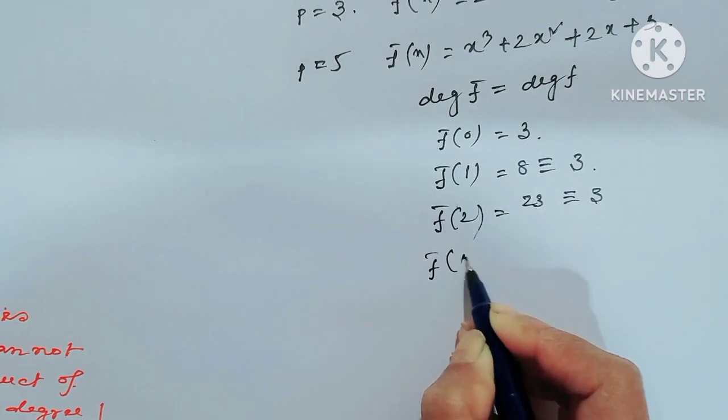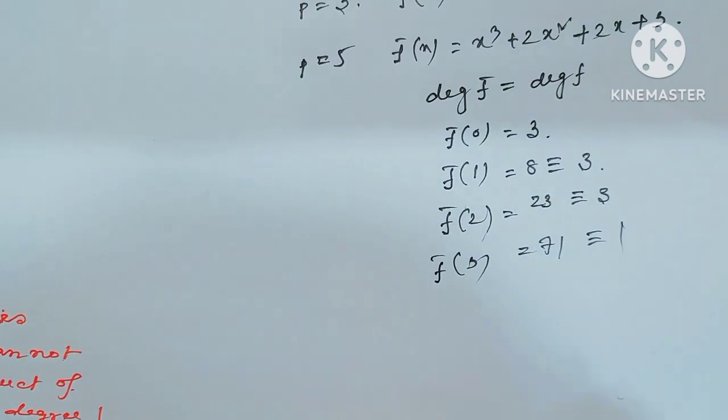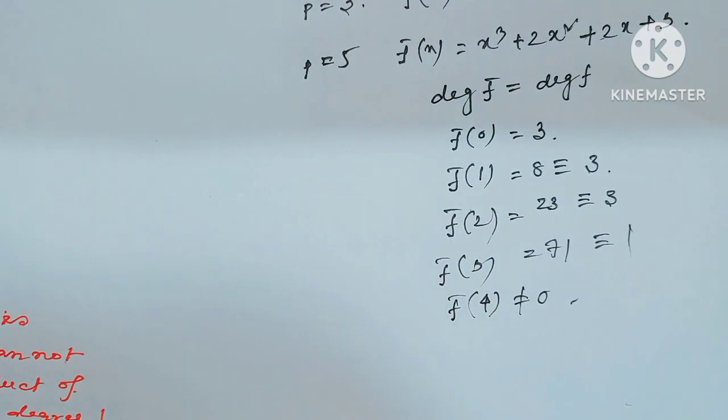f bar(3) would be 71, and in mod 5 this is equal to 1. Similarly, f bar(4) is not equal to 0.